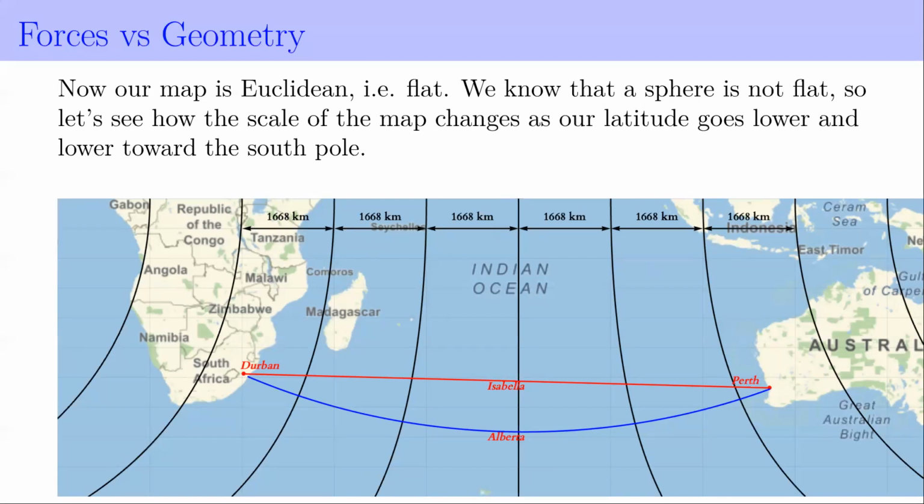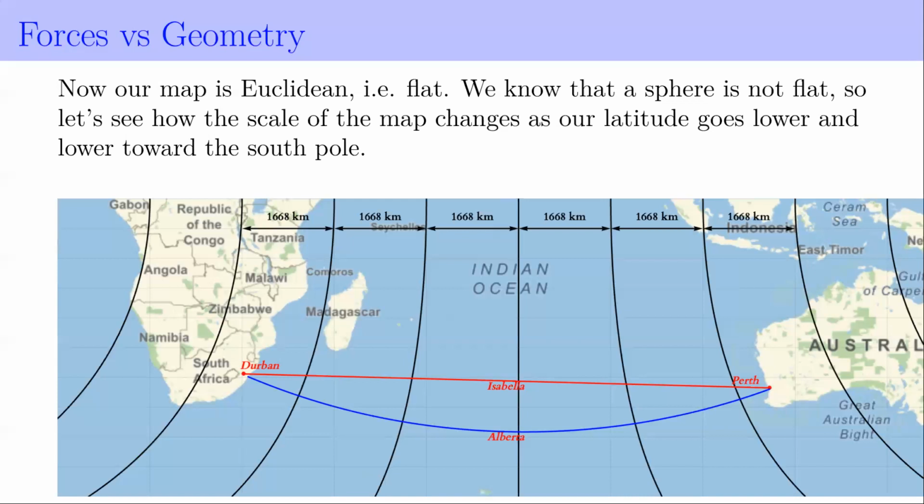And what I've done is show some lines of constant distance as we go south. The distance between each line is about 1,700 kilometers. You can see that as you go down, the distance on the map gets wider and wider. That's because you're on the surface of a sphere.